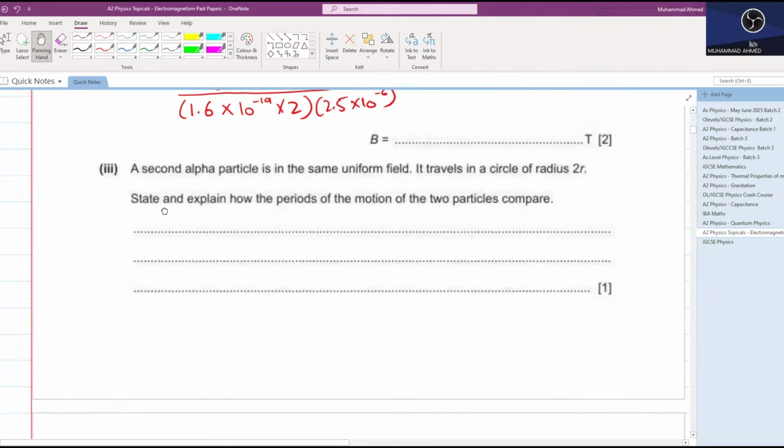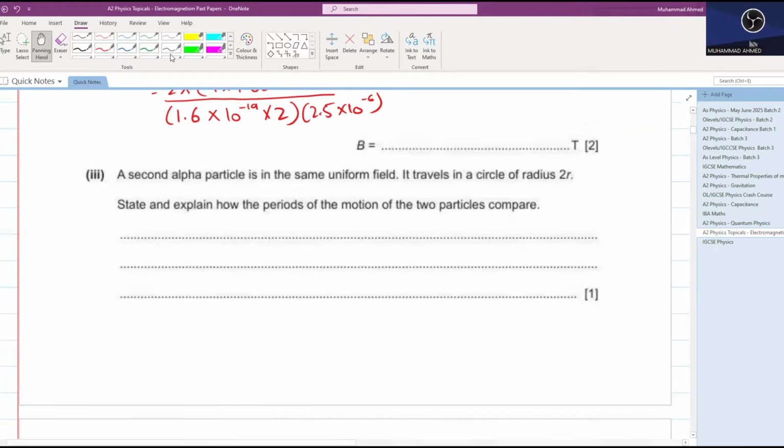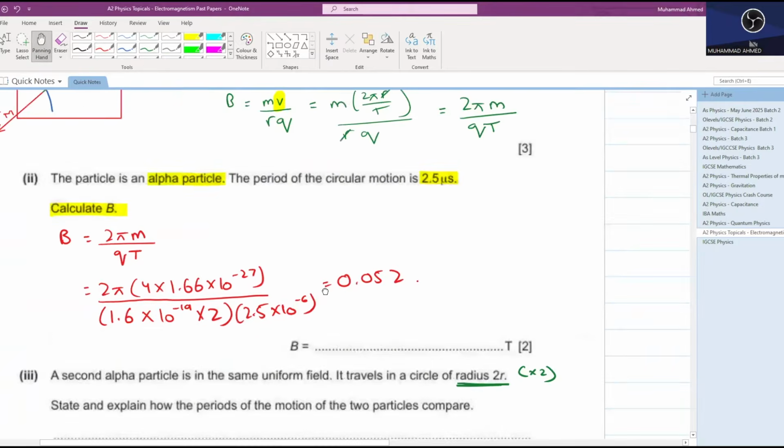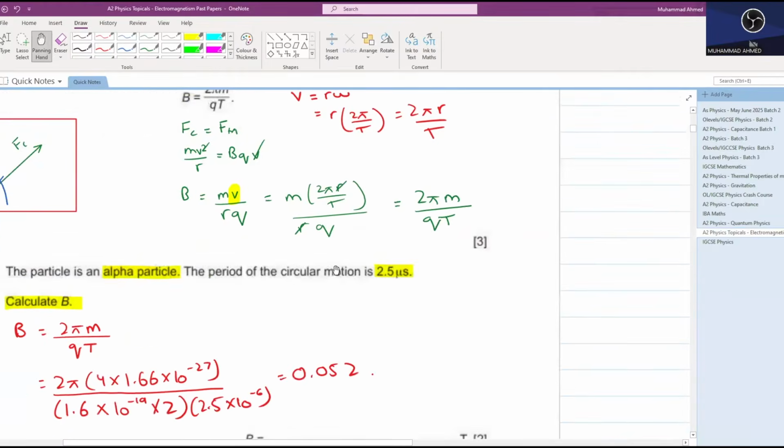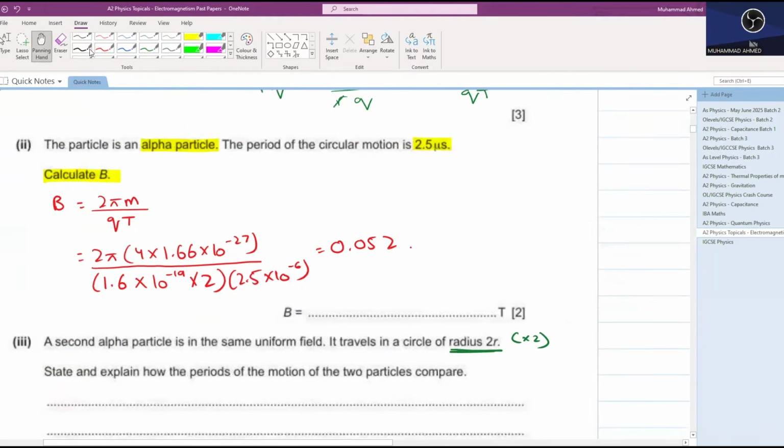Okay, let's see part 3. A second alpha particle is in the same uniform field. It travels in a circle of radius 2r. So now the radius has doubled. State and explain how the period of the motion of the two alpha particles compare. We have to compare time. Let's take this equation: B is equal to 2 pi m over qT.